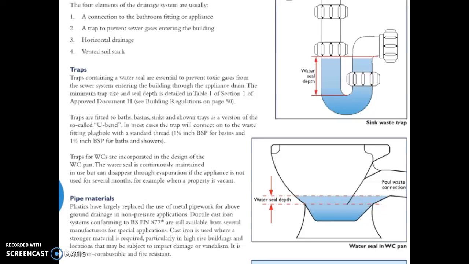And then we have other issues called wavering out, where the wind over the top of a drainage stack can affect the pressures in the system. So there can be a variety of reasons in terms of how we can lose that water seal.